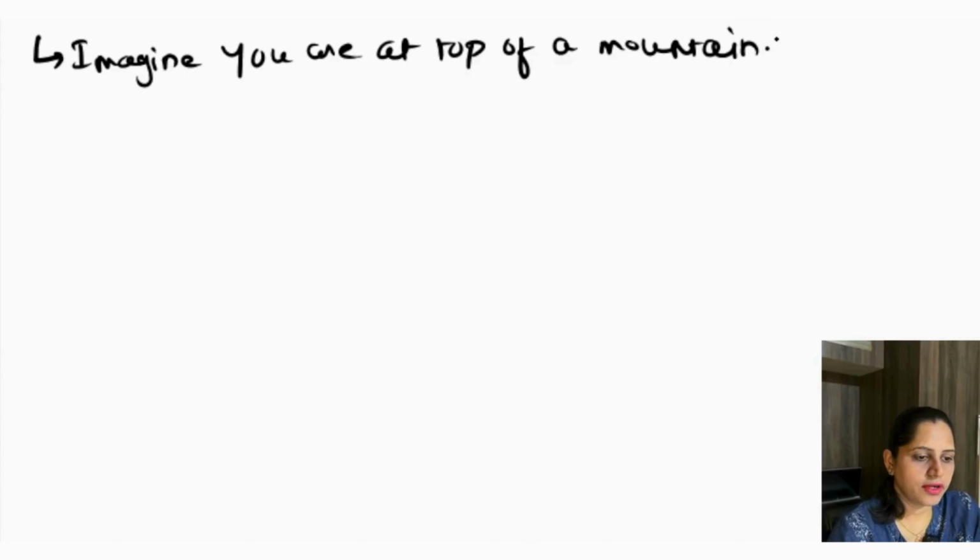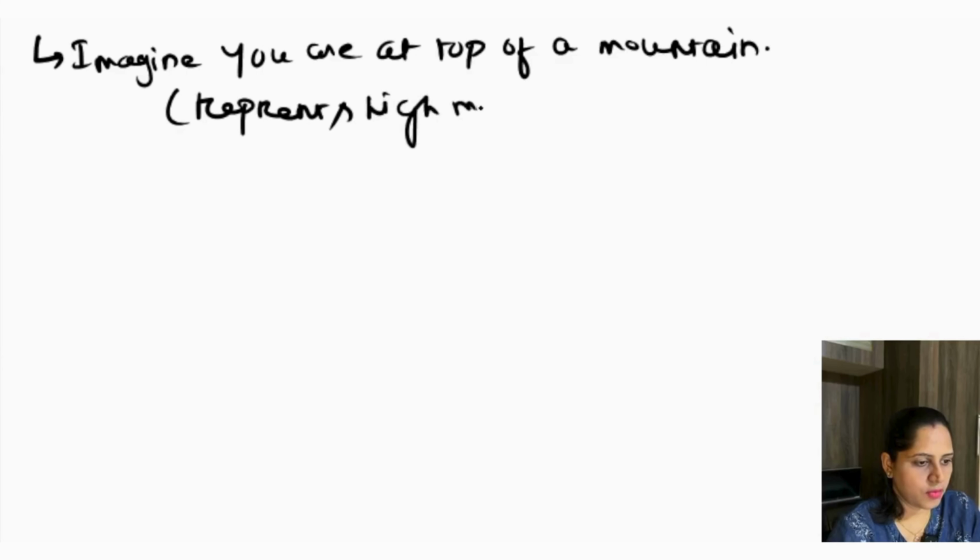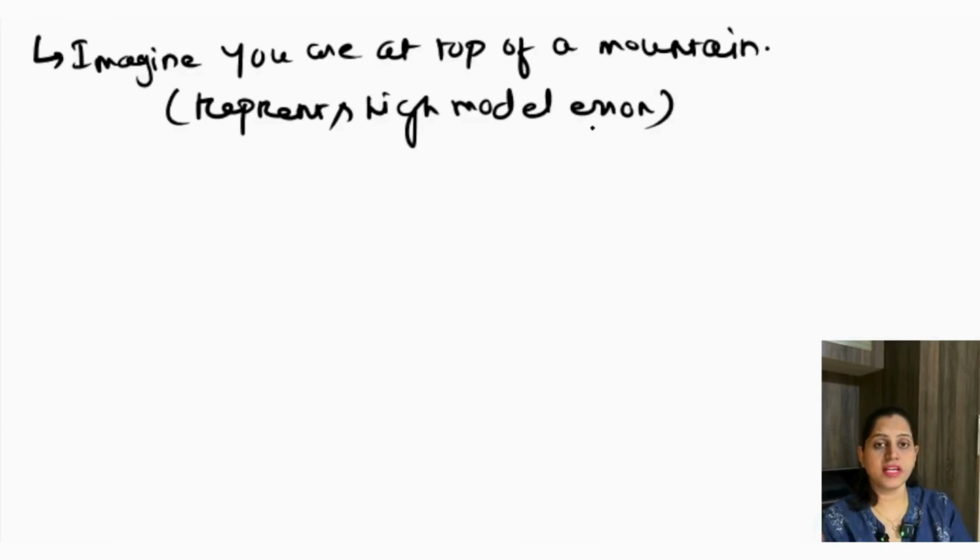When you are at the top of the mountain, what does it represent? It represents high model error. Do not imagine just a few data points. Imagine you have lakhs and lakhs of data points, and the model is giving errors for all of them. So you are at the top, the initial point.